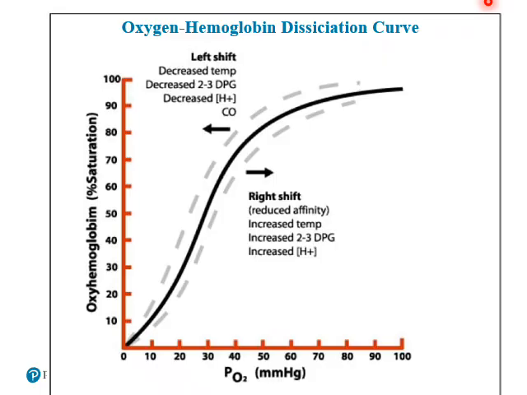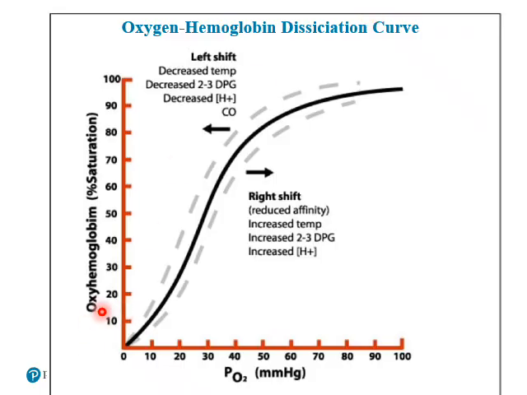So, let's try to understand the curve, because this curve might be one of the things that you might encounter in your test. This x-axis is representing the partial pressure of oxygen. And then the vertical axis is the percentage of hemoglobin saturated with oxygen.